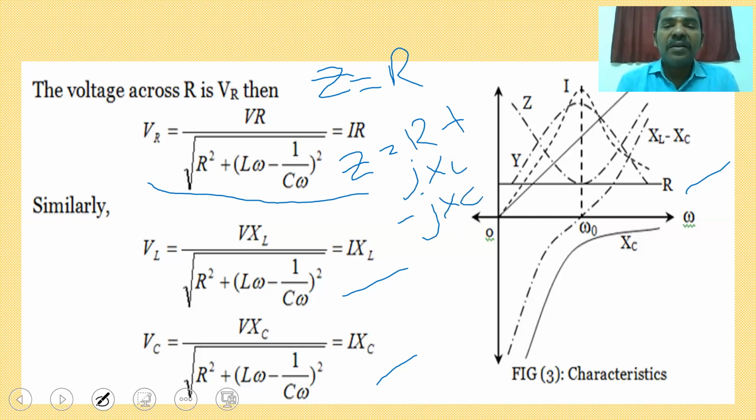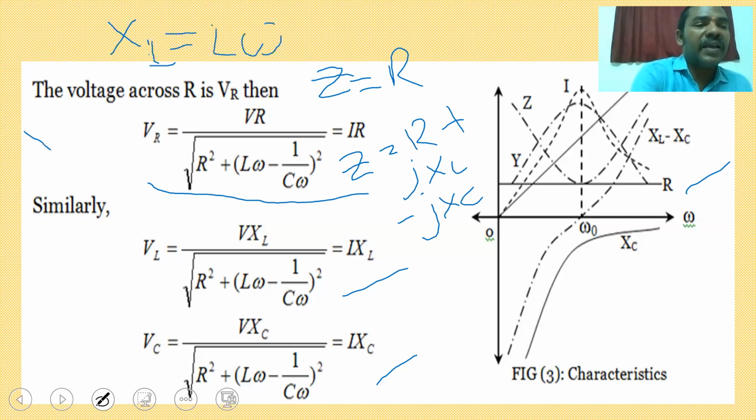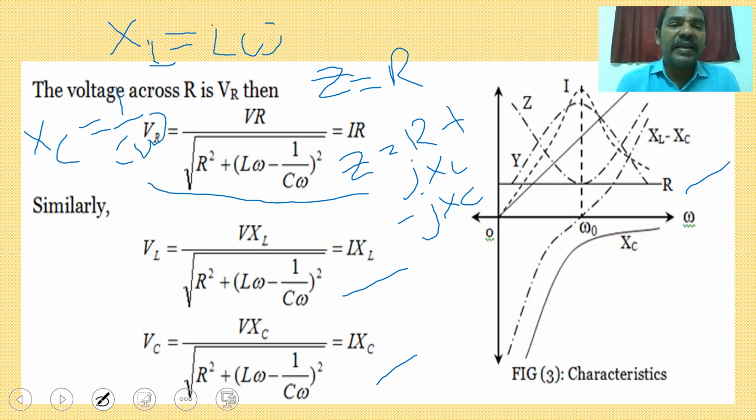So the impedance will be R plus jXL minus jXC, where XL is L omega and XC is 1 by C omega. As omega is gradually increasing, the inductive reactance increases and the capacitive reactance decreases.